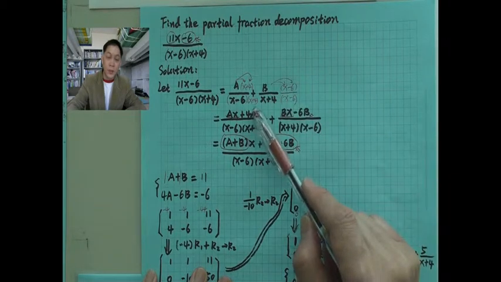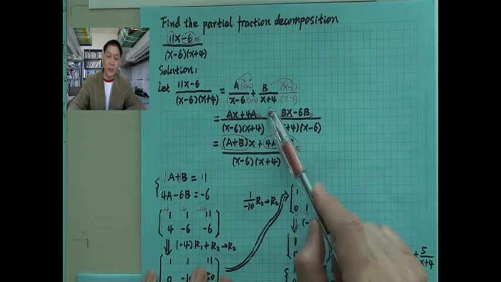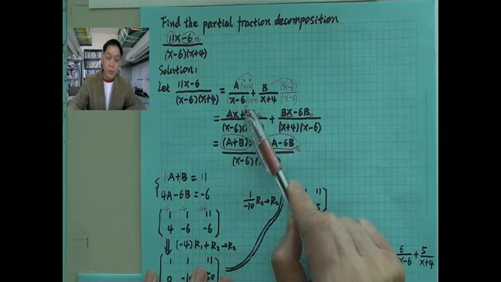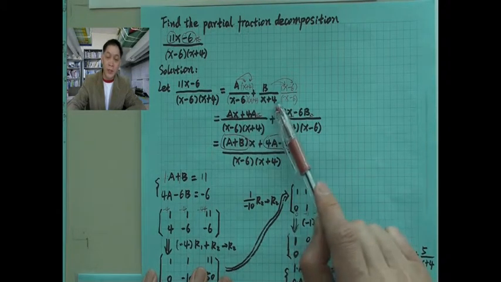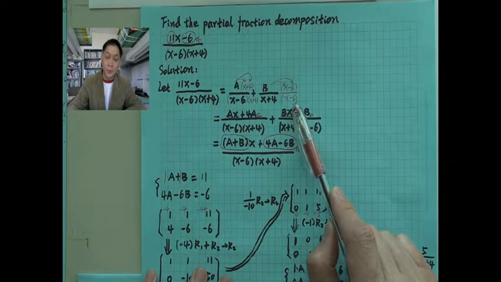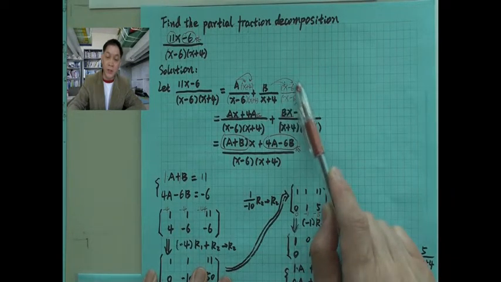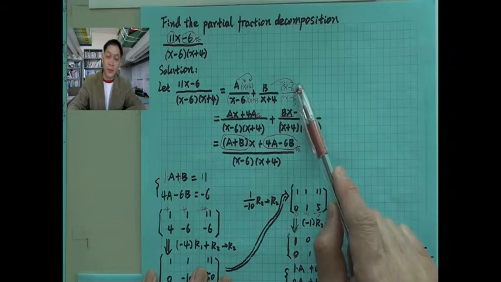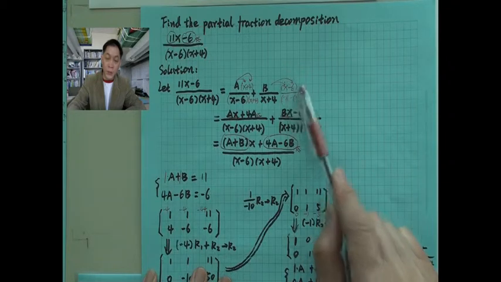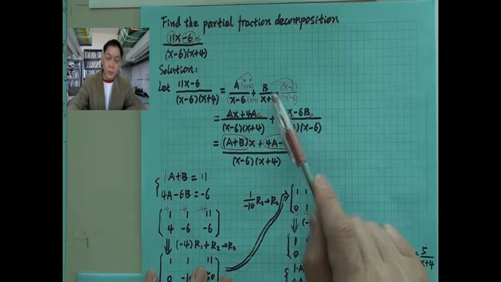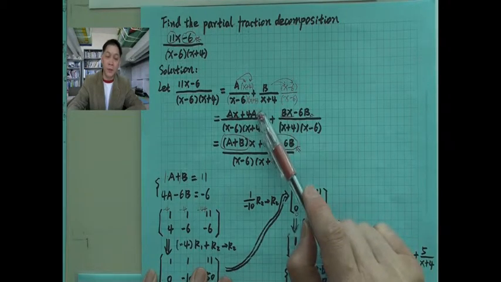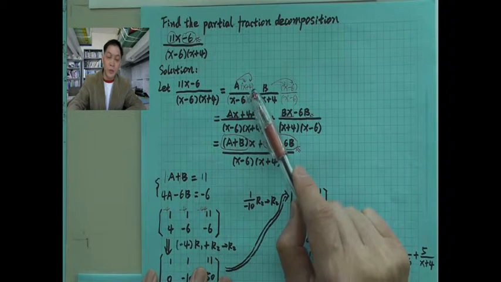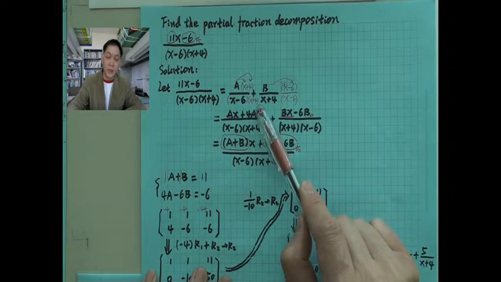In order to add them together, the first fraction, A over x - 6, needs x + 4 in the numerator and denominator, because (x + 4) divided by (x + 4) is 1. The second fraction, B over x + 4, needs x - 6 in the numerator and denominator.